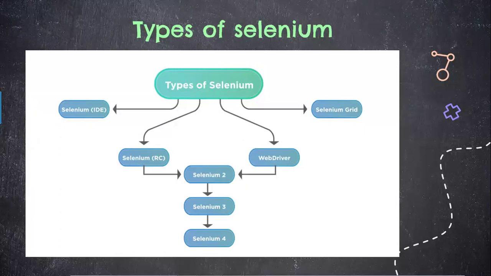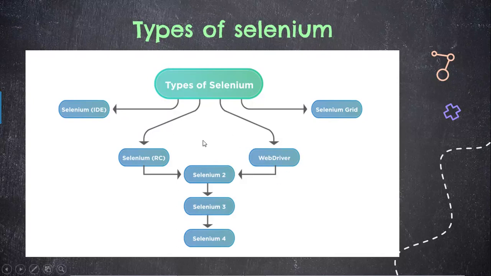We can create the server, and the same script can run on different nodes. Node means different environments; I will tell you. The same script I want to run on Windows, on Linux, on different operating systems. In that case, we can use Selenium Grid. But mainly we need to focus on Selenium WebDriver.